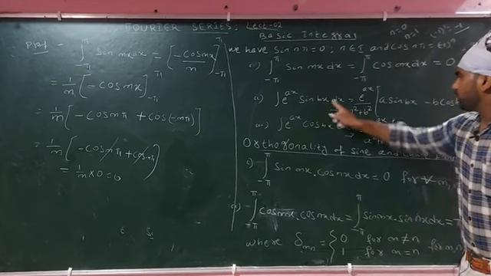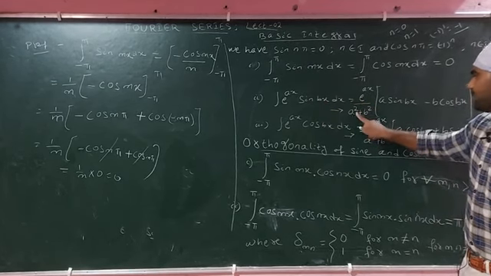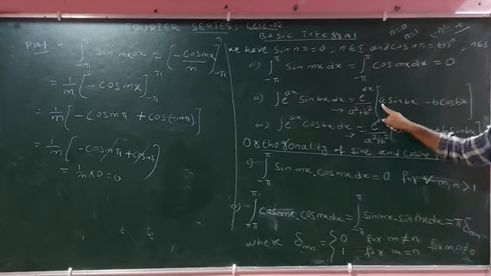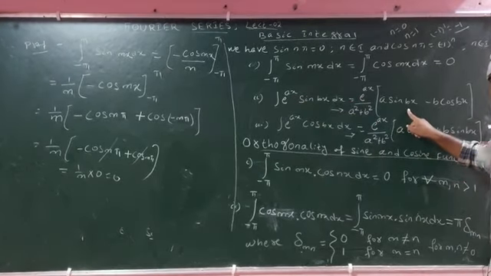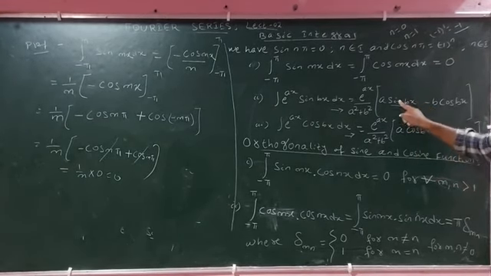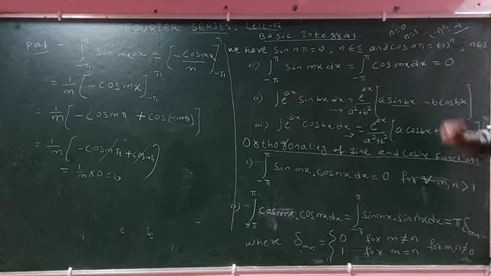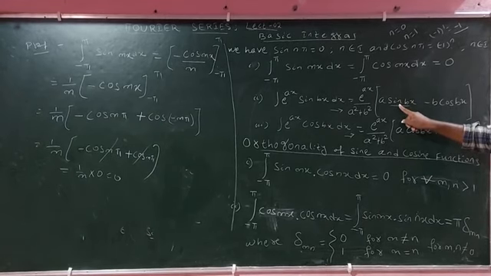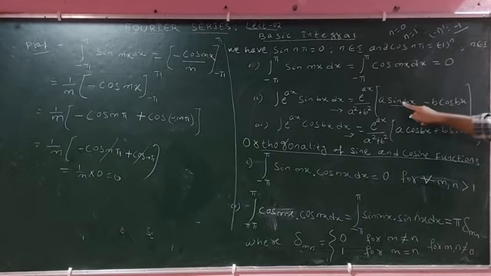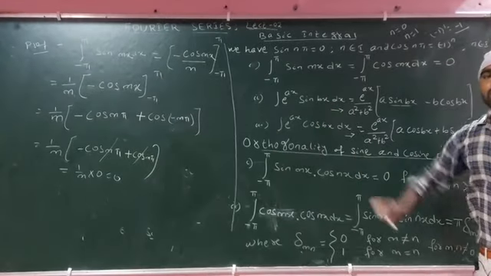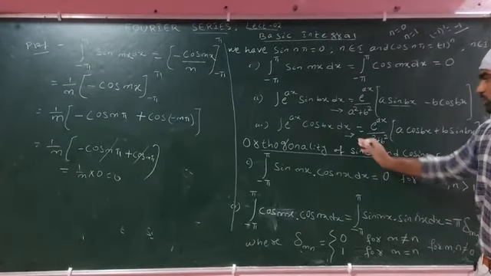Remember, the formula has e to the power ax divided by a square plus b square, a sin bx, then minus b times the derivative of that function, that is the derivative of sin bx, is minus b cos bx. A similar pattern you can check by applying the by parts rule.